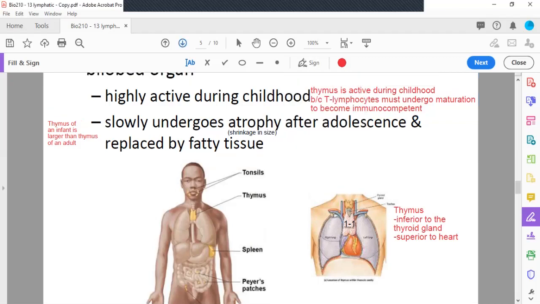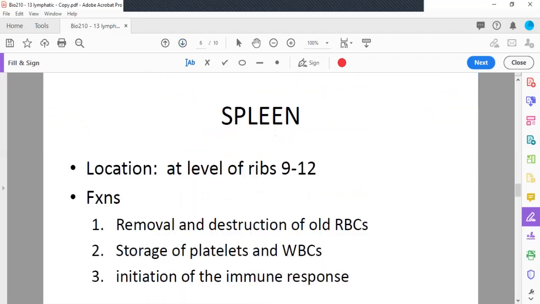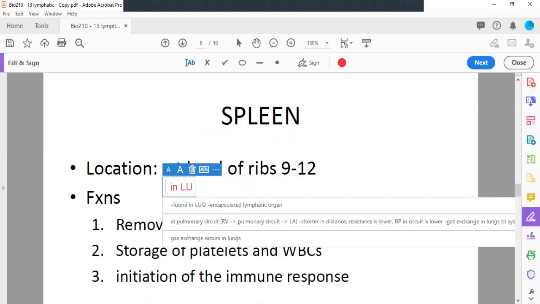Okay, moving on. Spleen. The spleen can be found at the level of ribs 9 through 12. To be more precise, we can also say it's in the left upper quadrant.